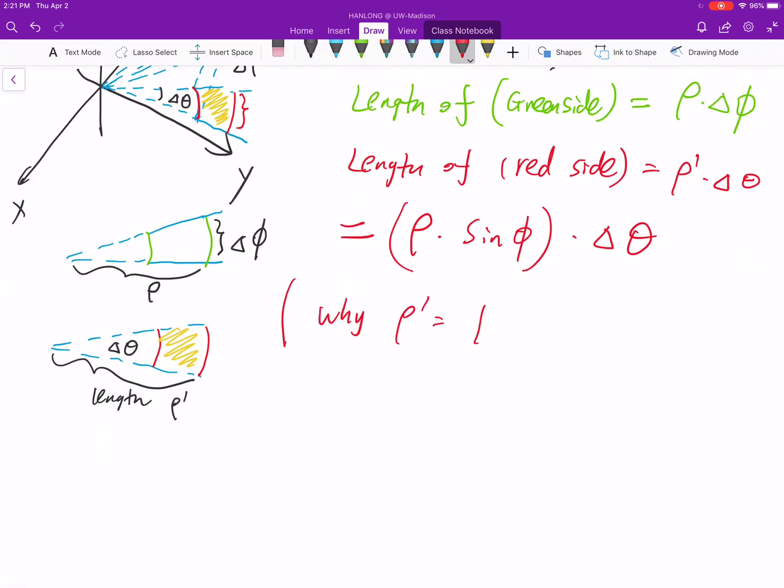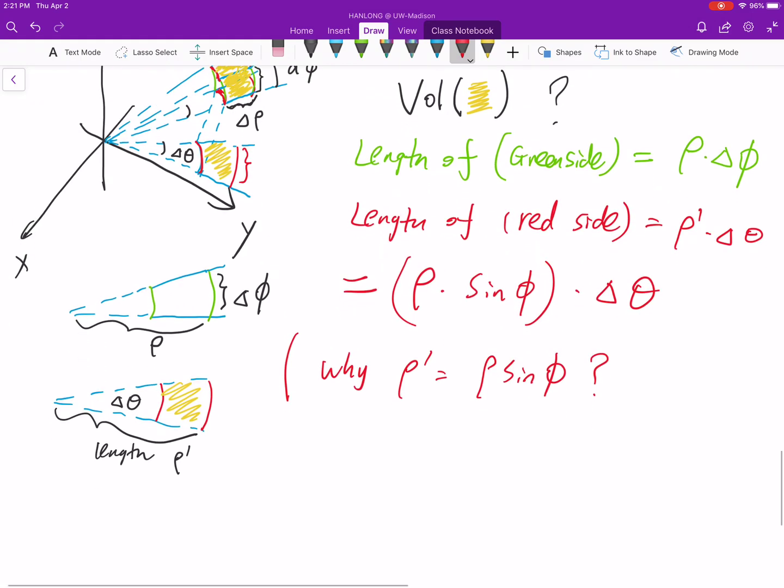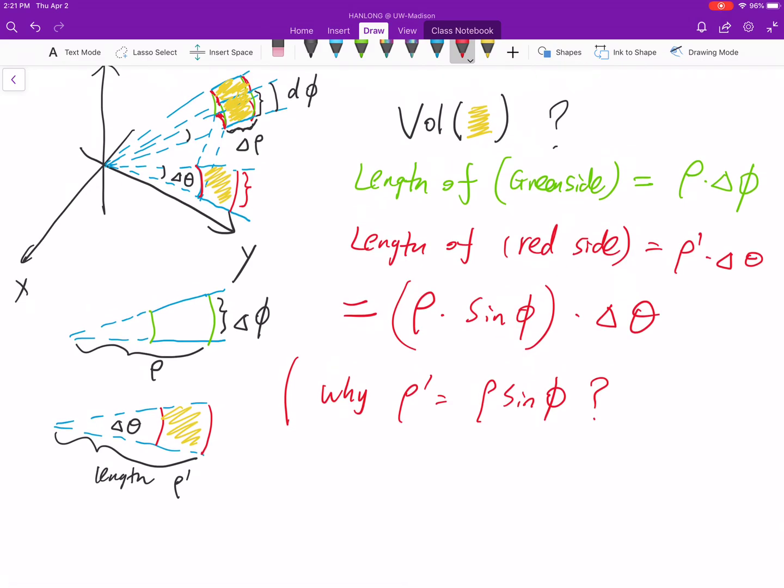So why does rho prime equal rho sine phi? This is because if you only look at the actual point and its projection, then you will have the following picture. So this is rho prime.